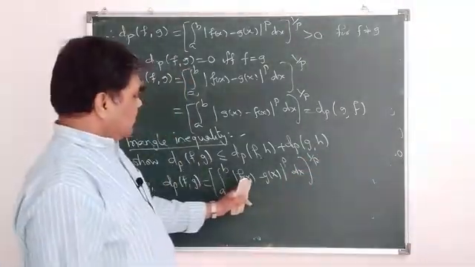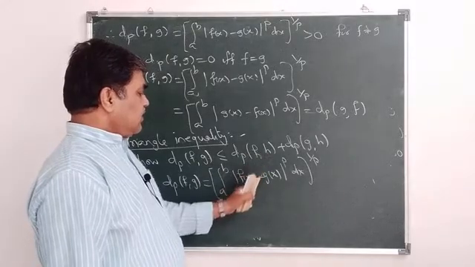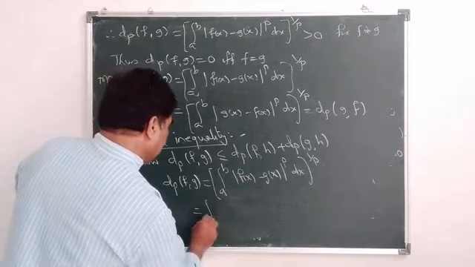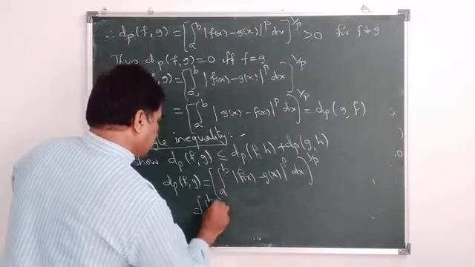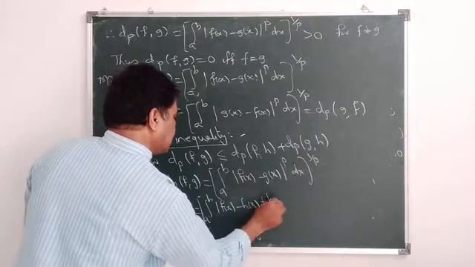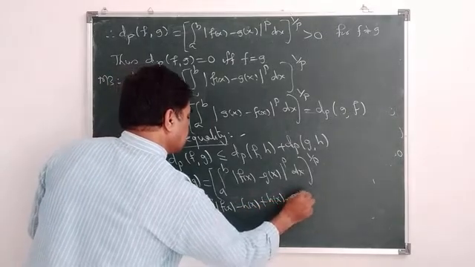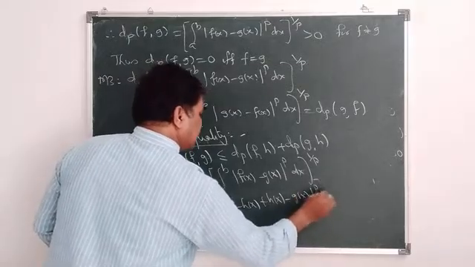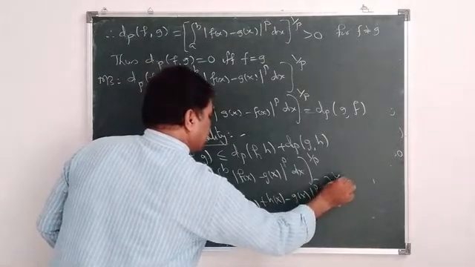Again I will insert h(x), add and subtract here. So we will get the integral of a to b of mod f(x) minus h(x) plus h(x) minus g(x) to the power p dx, whole thing raised to 1 by p.